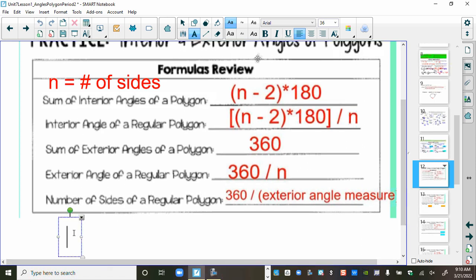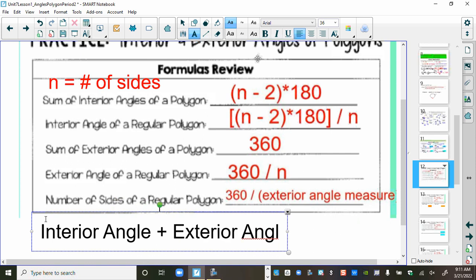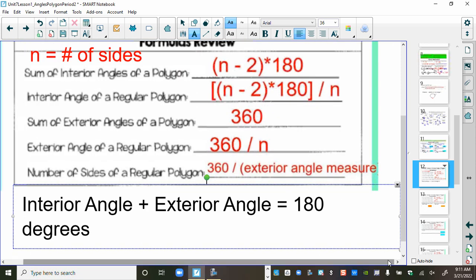But what I'm also going to tell you is one other thing. Let's go down memory lane. Interior angle plus exterior angle equals 180 degrees. That's the one other thing I wanted to tell everybody.